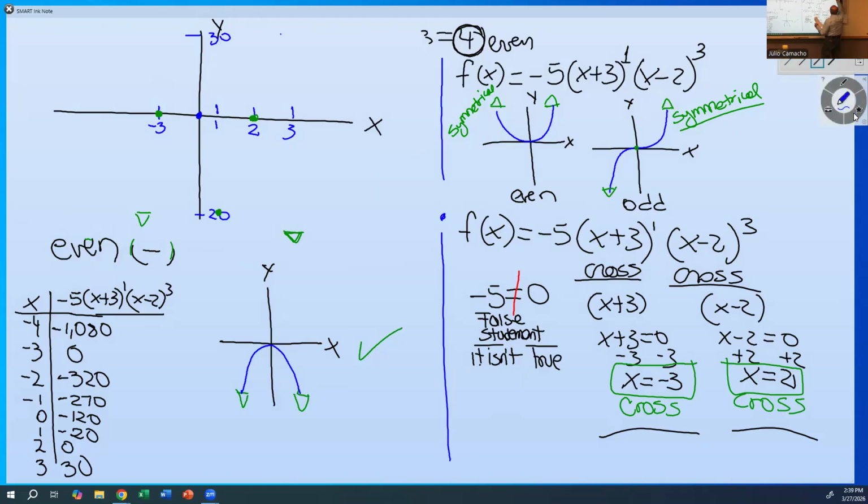The way that this graph is coming this way is crossing. Let me see my table of values, negative 1 to 70. It's crossing and going in this direction.